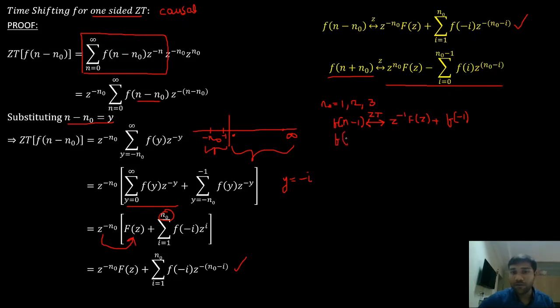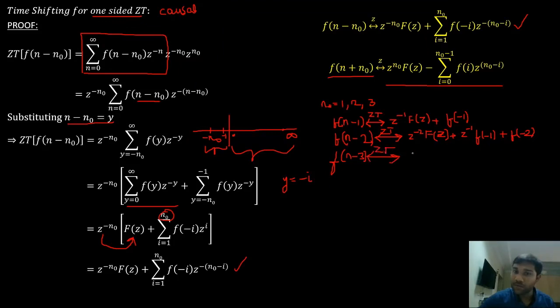So this is the one-sided z transform of f of n minus 1. Similarly, for f of n minus 2, the one-sided z transform is going to be z power minus 2 into f of z plus z power minus 1 into f of minus 1 plus f of minus 2. Similarly, for f of n minus 3, what is the z transform?